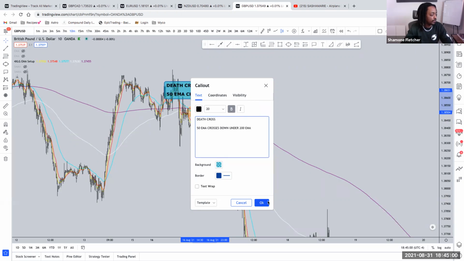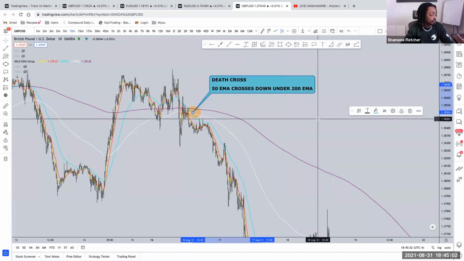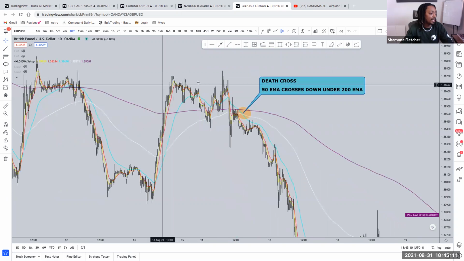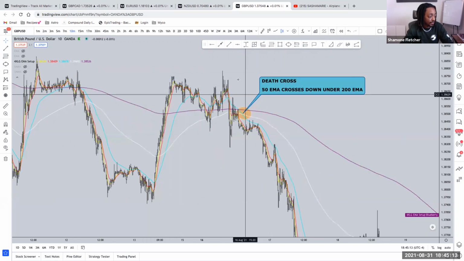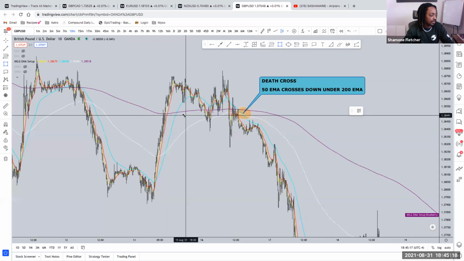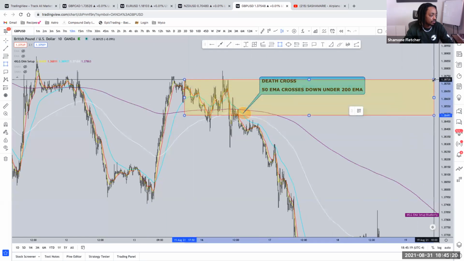When the 50 EMA crosses down under the 200 EMA, that is a death cross, and we are selling. This also means that the high has been locked.